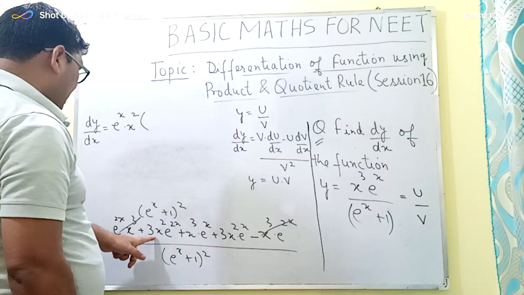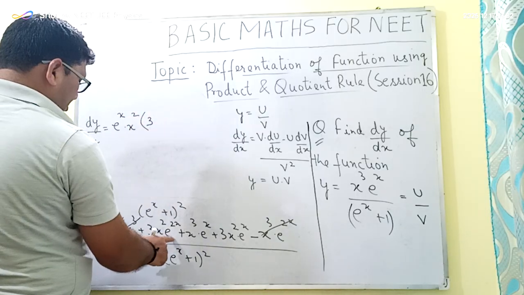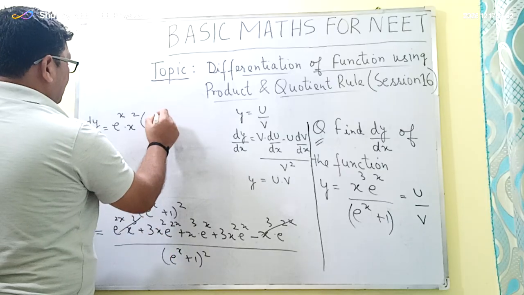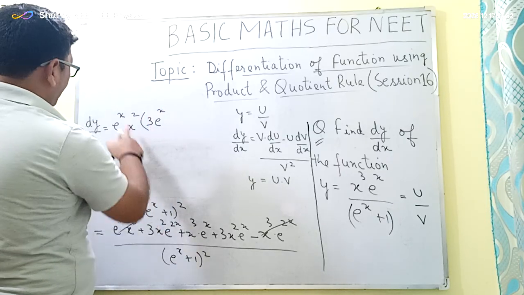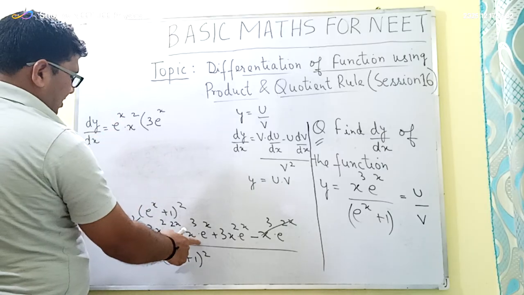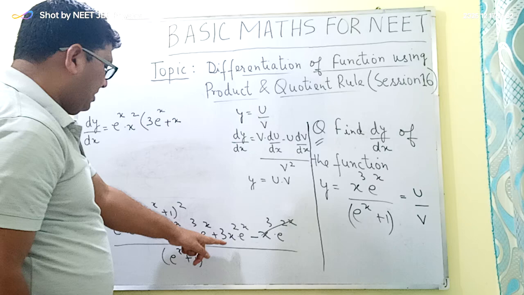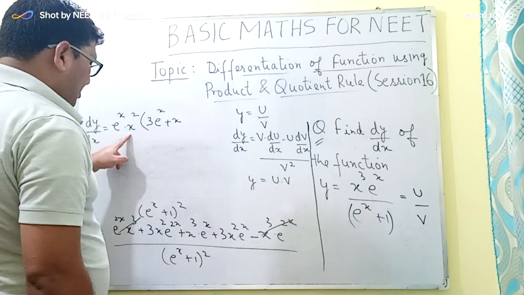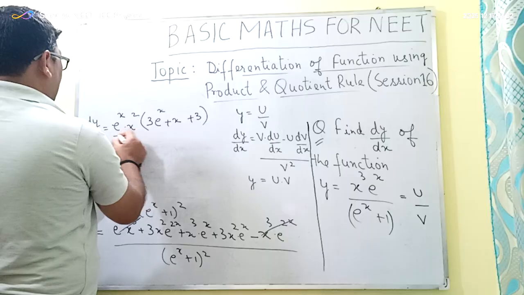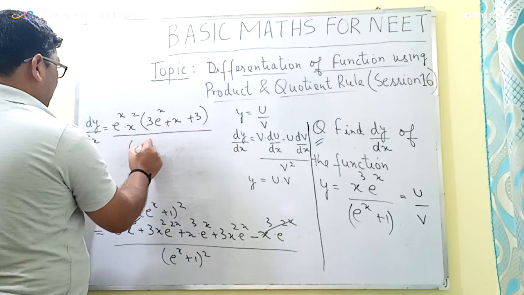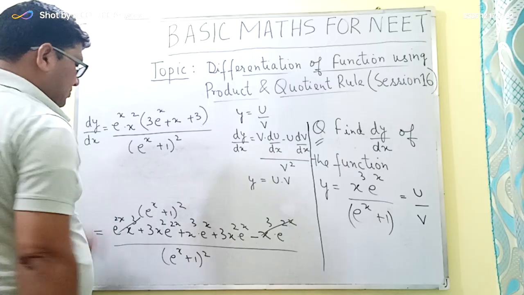So in the bracket I will be getting 3 e to the power x, and here e to the power x into x square has been taken common, so I will be getting plus x, and here x is plus 3, divided by e to the power x plus 1 whole square.